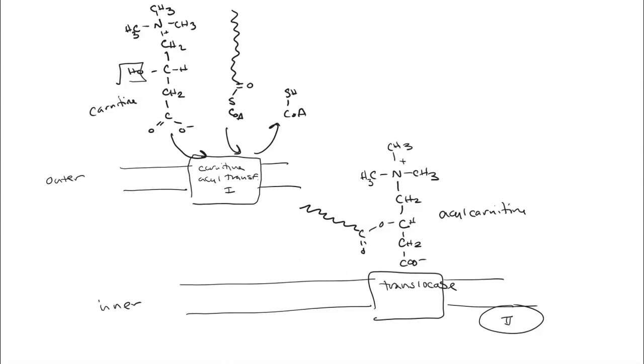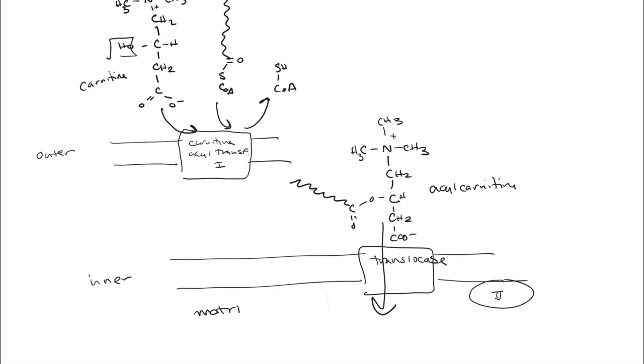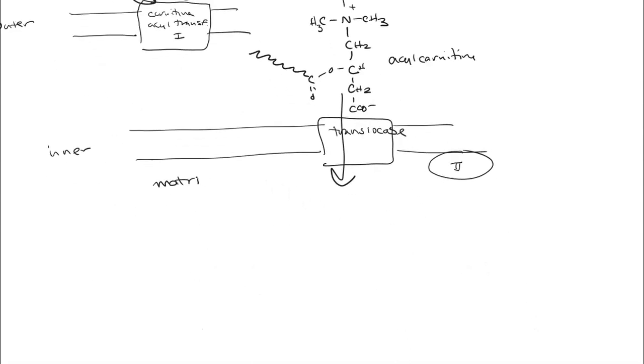And then the acylcarnitine is shuttled through to the mitochondrial matrix via translocase, where it interacts with carnitine acyltransferase 2, which kicks off the carnitine and adds the coenzyme A back. So we just reverse those first steps.